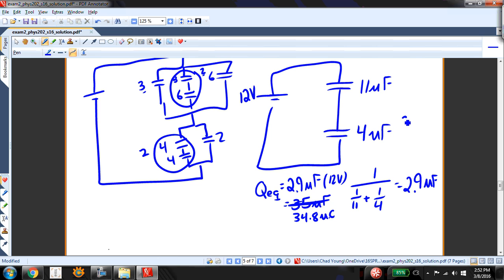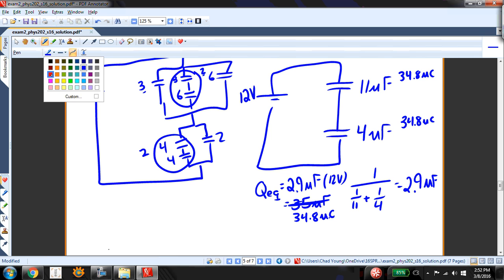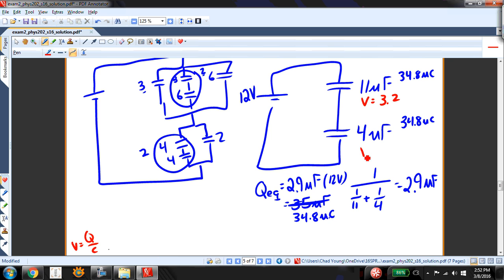So that means that I have 34.8 microcoulombs here and 34.8 microcoulombs here. Now I can find the voltage. Remember, my voltage is Q divided by C, so my voltage up here is going to be 34.8 divided by 11, which is 3.2. And down here it's going to be 34.8 divided by 4, which is 8.7.